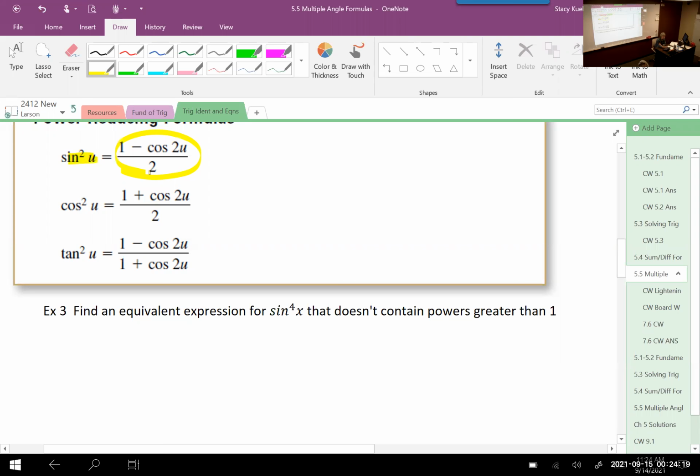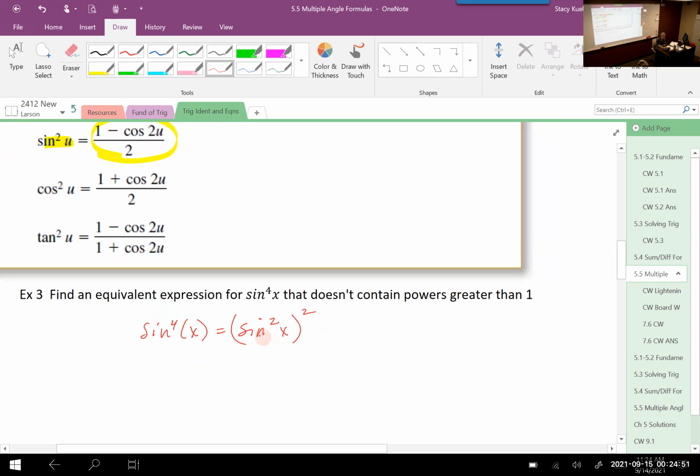So I'm going to start out by taking sine to the 4th and rewrite that as sine squared x raised to the second power. That's the same thing, that's our rules of exponents. A power to a power means you multiply.